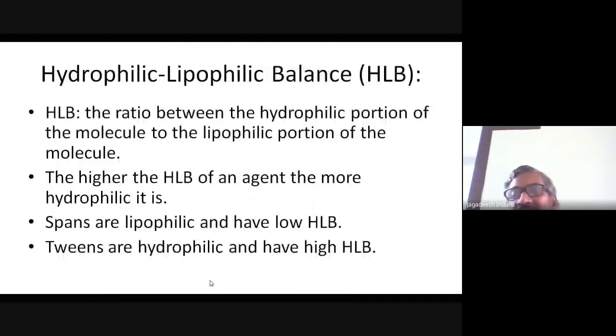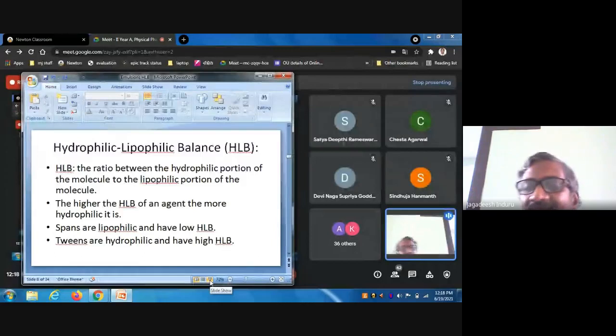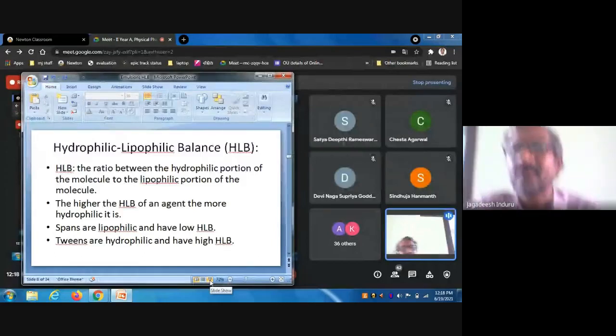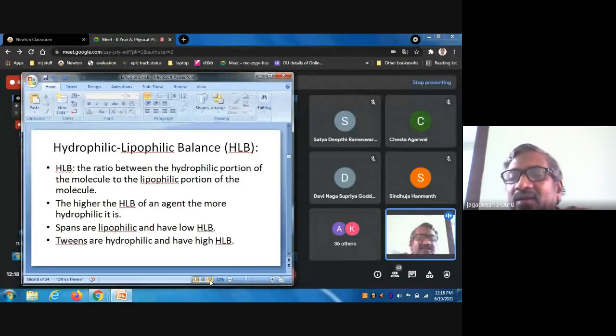You have already seen the concept of both, and we prepare them in our pharmacy because they have extraordinary stability compared to regular solutions, and they have taste masking power. That is the reason we do not sense them with the taste buds, because the drug is entrapped within some of the moieties.